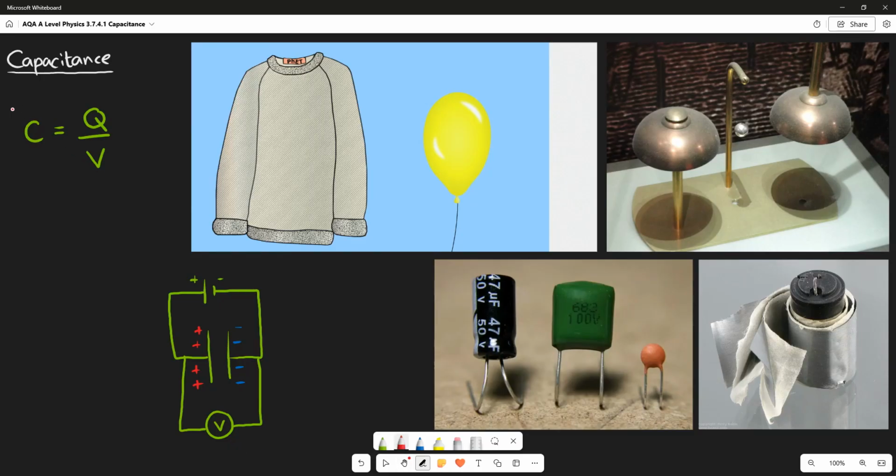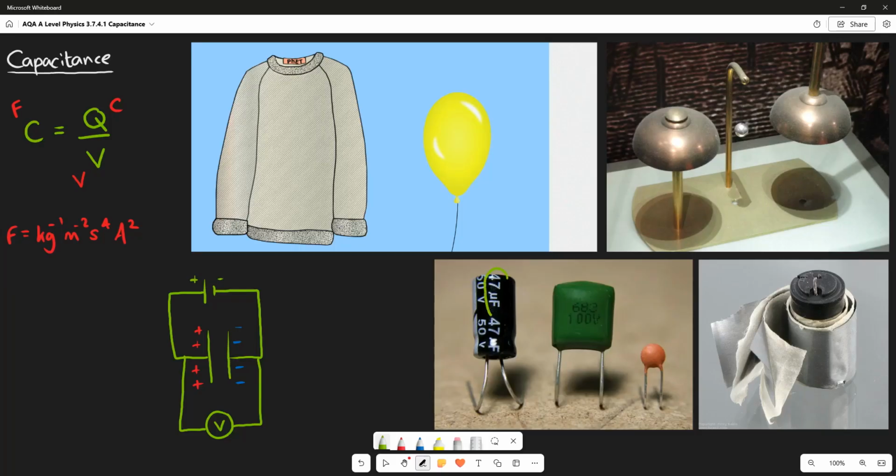The unit of capacitance is the farad, for charge it's the coulomb, and for voltage it is volts. In SI units, the farad is per kilogram, per metre squared, seconds to the power 4, and amps squared. You don't need to know that, but you should note that it's a very complex unit.